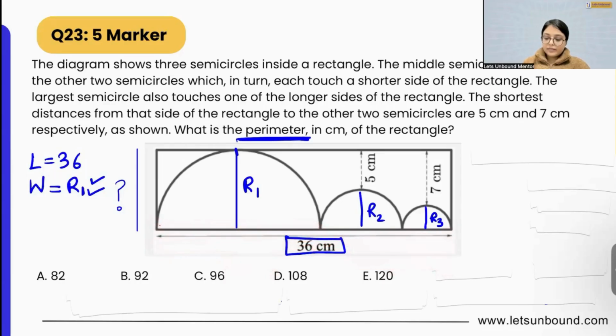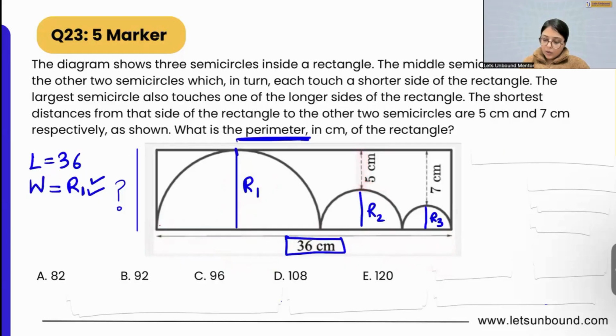Okay. So let's just see what is the relation between R1, R2 and R1, R3 because ultimately we need to collect the value for R1. Now just see they have given us some extra information that this much portion is 5 centimeters. How can I find this?